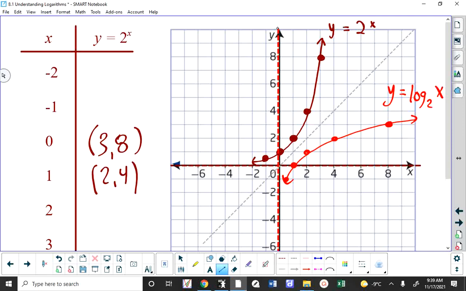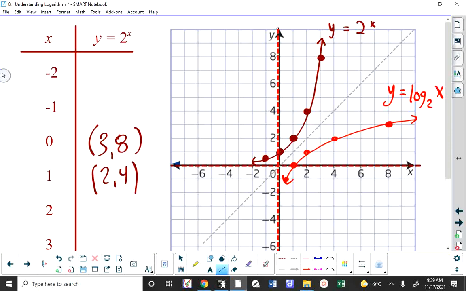You're expected to know what the graph of y equals log base 2 of x looks like. And some of you will just take a mental snapshot of that graph, and you will know. I'm never comfortable just drawing it. I'm never comfortable standing in front of a class and saying, okay, we need to look at the graph of y equals log base 3 of x.